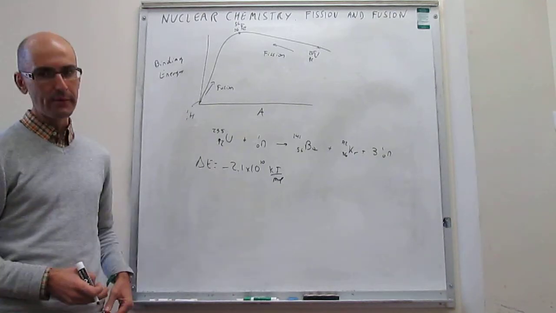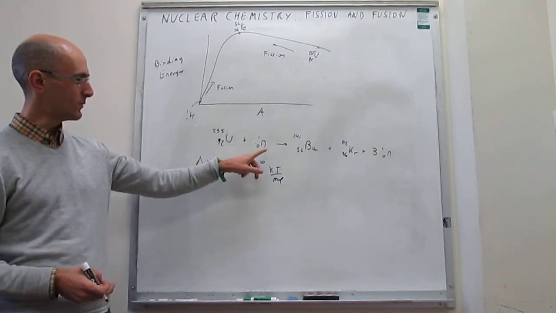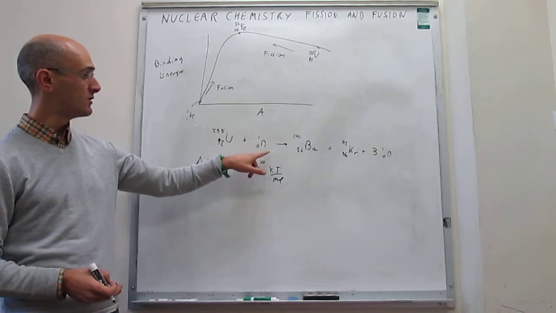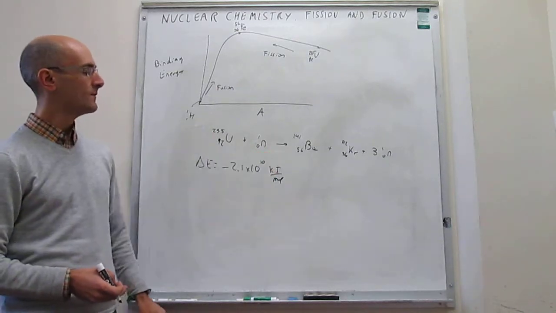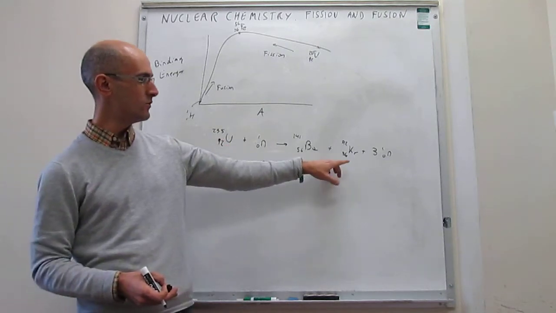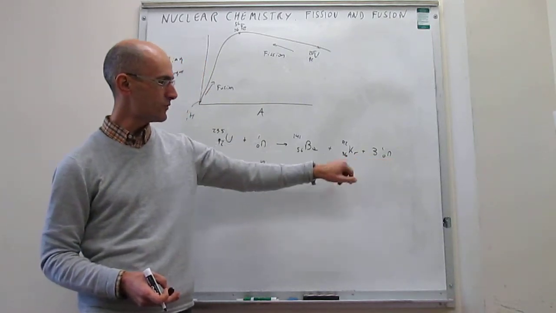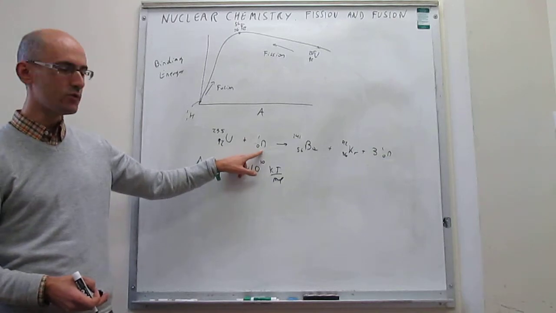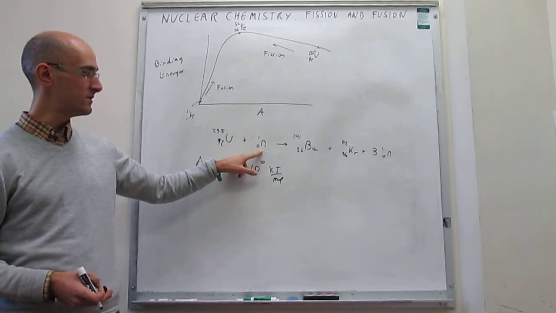Now, one important thing about this fission process that we have written here is that you generate more neutrons in the products than you require in the reagents.